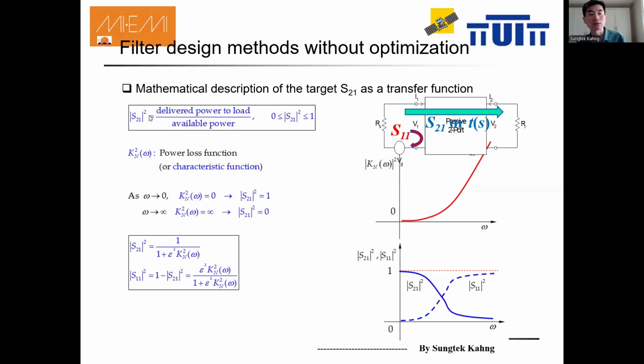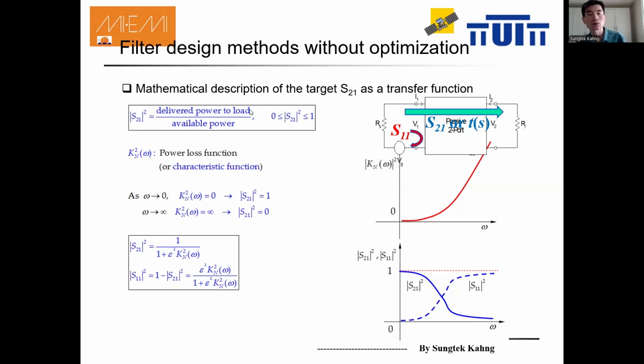Square means power. S21 is very similar to, or it is the level of electric field, sometimes magnetic field, but electric field or voltage or current. But square, what is the square of voltage? What is the square of current? Or what is the square of the magnitude of electric field? That is power. So the starting point is the power.